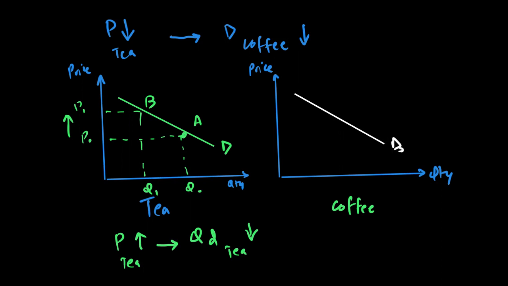Because for coffee, it's a non-price factor which is making the demand curve shift to the right. So the demand curve will shift to the right for coffee because tea is becoming expensive. So a good that is in competitive demand will actually benefit, causing the demand to go up.